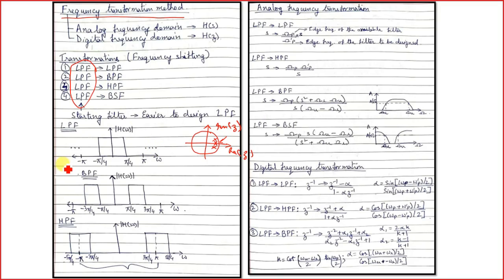So our life becomes quite easier. We don't have to take care of the many other things which I have just told you to design the more complex filters. Herein we are just interested in the designing of the low pass filter.